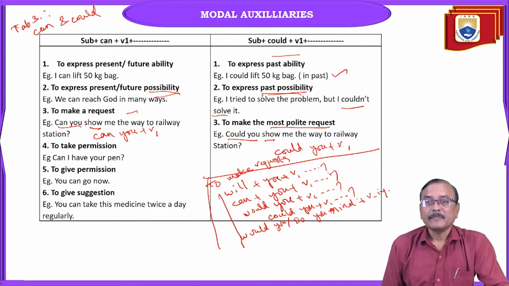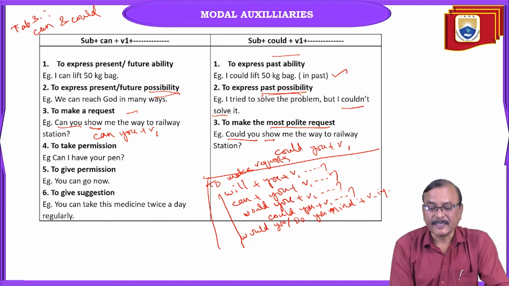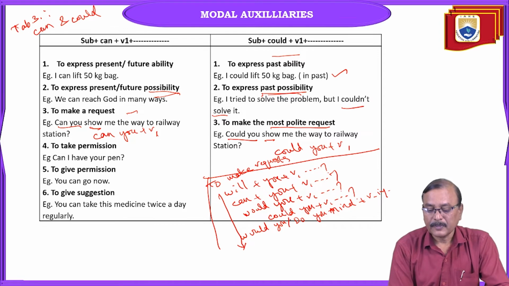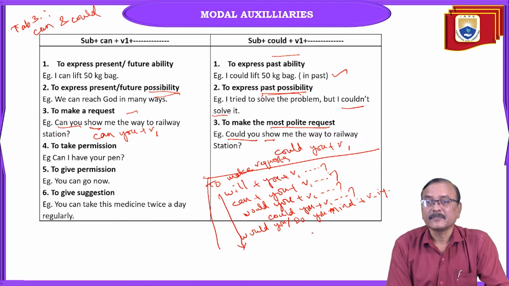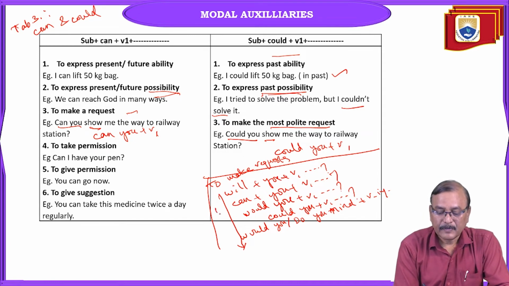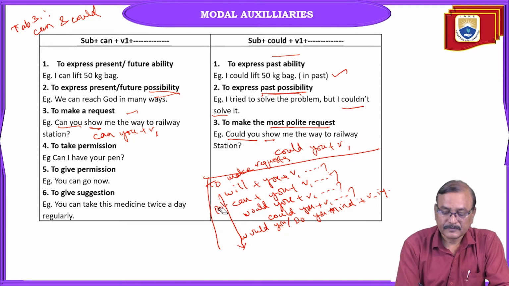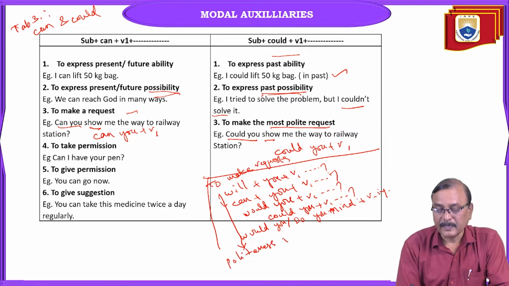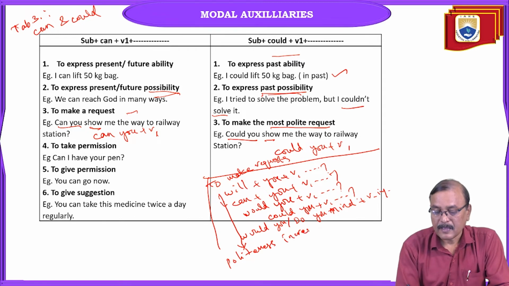But remember, the politeness increases from will you to could you or would you mind. Is it clear? So here, I will write: politeness increases from top to bottom.